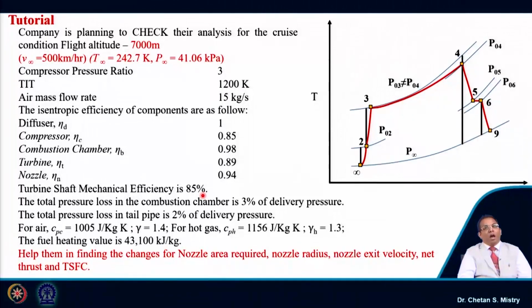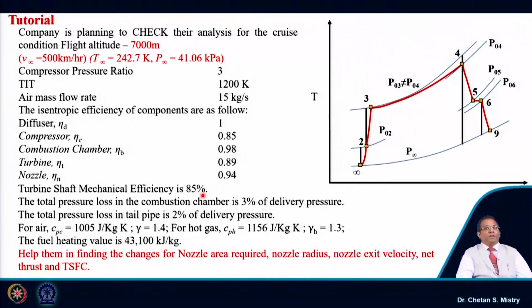At that altitude, be careful, my pressure and temperature will be different. How will it be different? My ground condition pressure is on the higher side. When I move towards the altitude, my pressure will be 41.06 kilopascal and temperature will be 242.7 Kelvin.